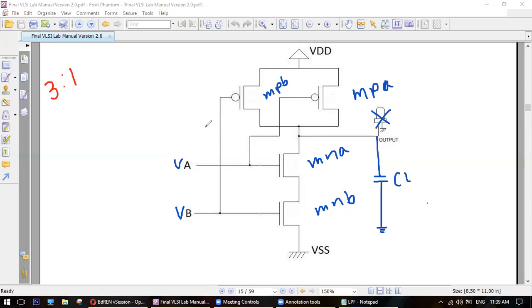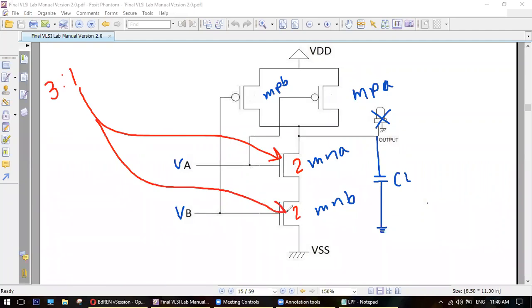Since the NMOS transistors are in series, the size will be double, because there are two MOSFETs in series. So double means 2.